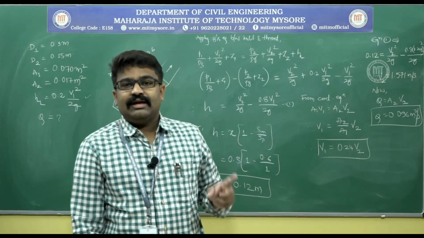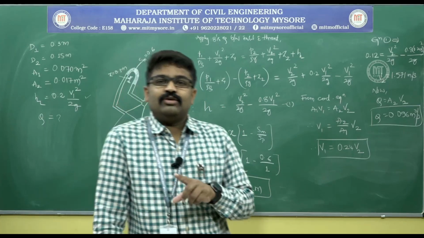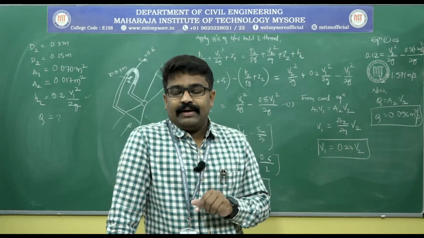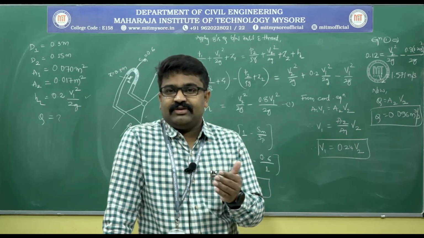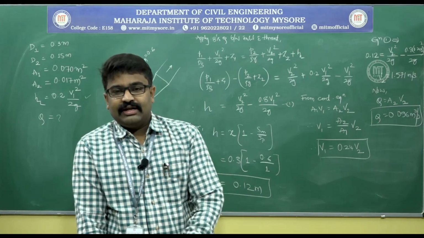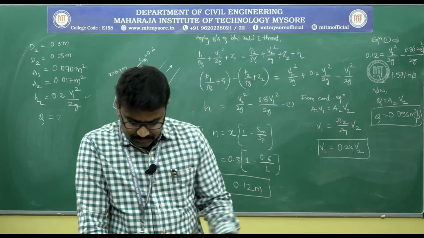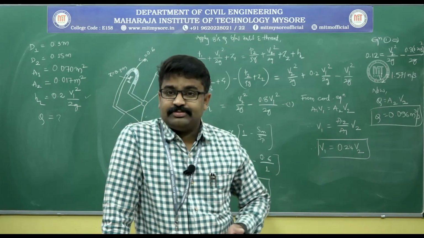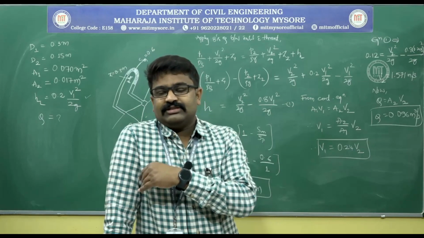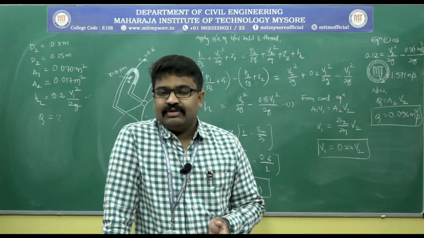Using that, you can easily calculate H, because H is equal to X into (Sm by Sp minus 1), where Sm is the specific gravity of the manometric liquid, mercury, 13.6, divided by Sp, 0.8, the specific gravity of the liquid in the pipe. So Sp is 0.8, whole minus 1, and you will get the answer for H.